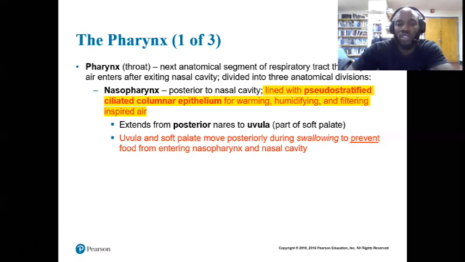Look up uvula and swallowing on YouTube, and there are some cool videos that show how things are swallowed and how, when we swallow, your body prevents food from going into your trachea and sends it down the right pathway, the esophagus into the stomach, right?